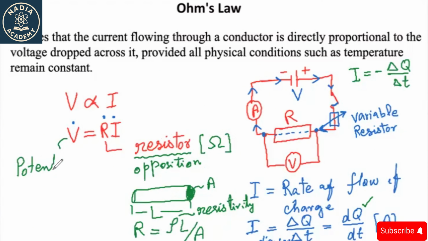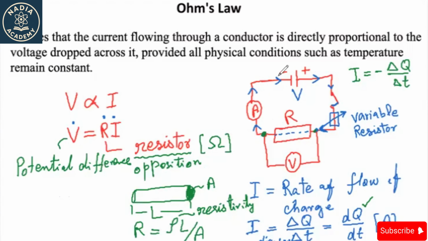What is potential difference? From the name, it is clear that this is actually the difference of potential between 2 points. For example, the potential difference across this resistor will be between these 2 points.